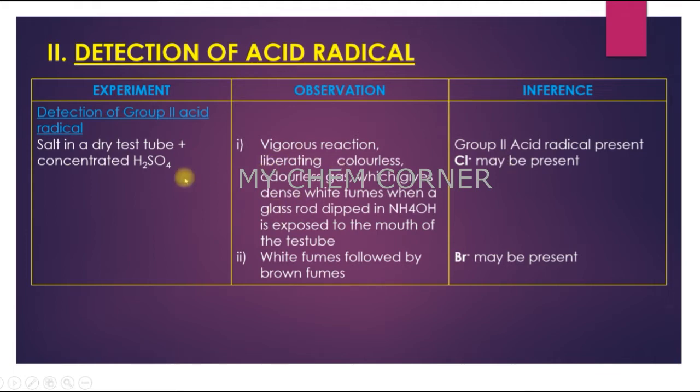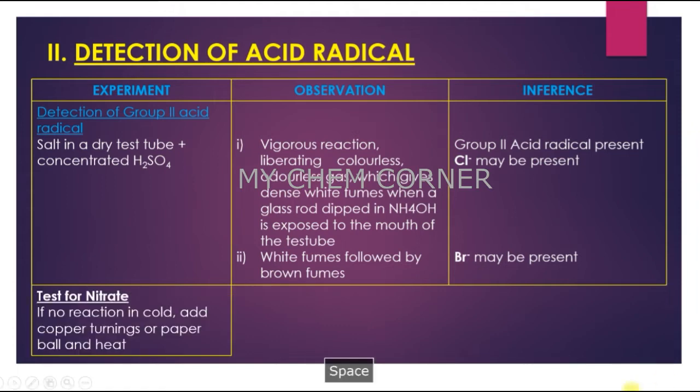But you may get another type of observation, which is white fumes followed by brown fumes. In this case, you have a bromide ion. So you need to be careful. You need to always observe your test tube to see what sort of fume you are getting. If you're getting dense white fume, it is chloride. But if you get a brown fume, it is going to be bromide.